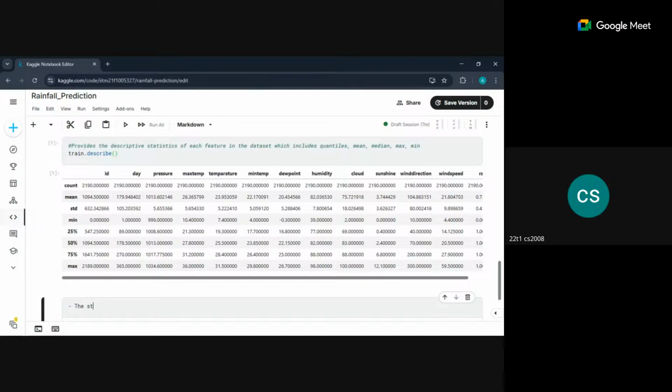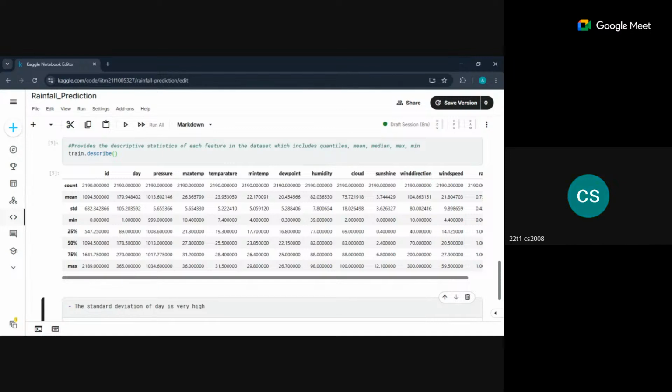So this is the catch. The standard deviation of day is very high. But does this have any meaning to it? It shows how far the data points are spread in the feature.